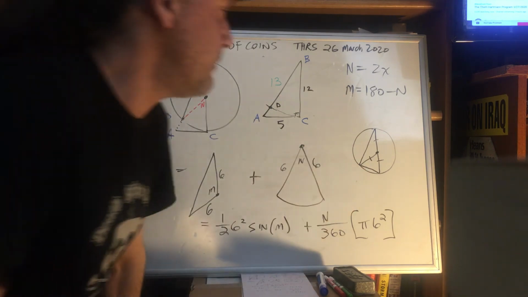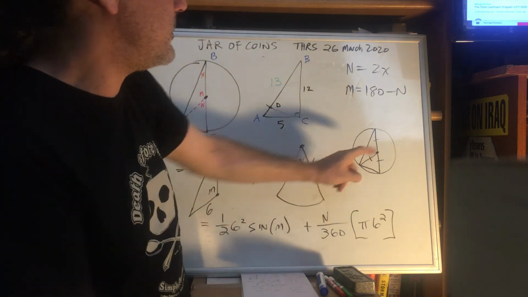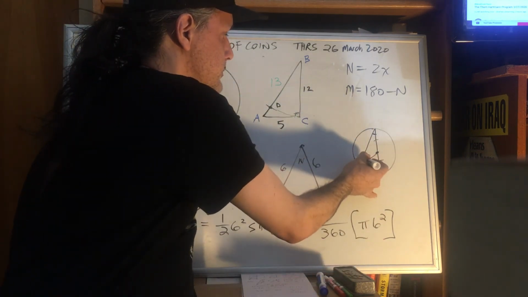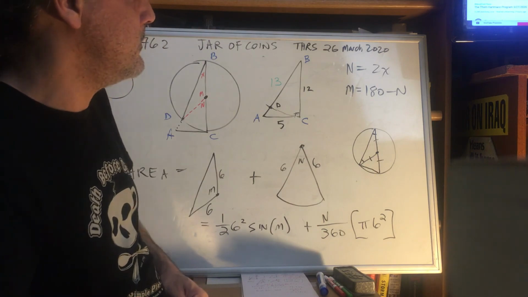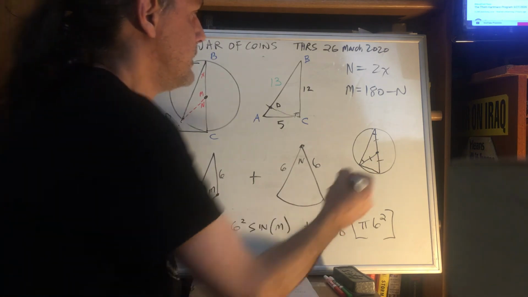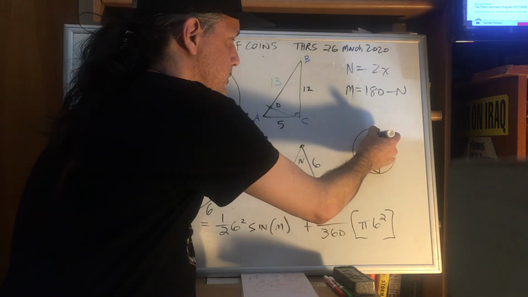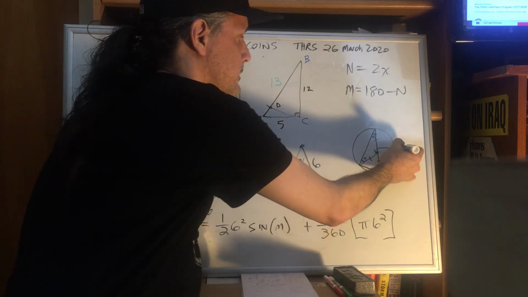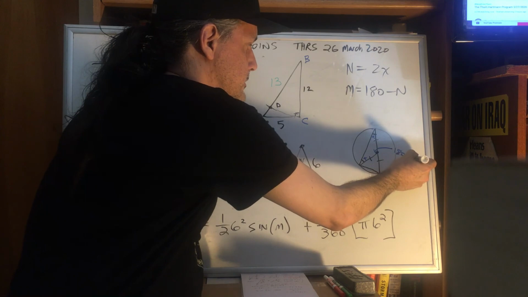Alright, so we've got two isosceles triangles here. We know that both of these angles are congruent. And so that means if we call that x, this is also x, which means that angle right there is 180 minus 2x.